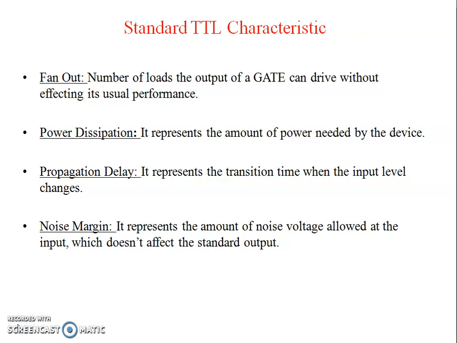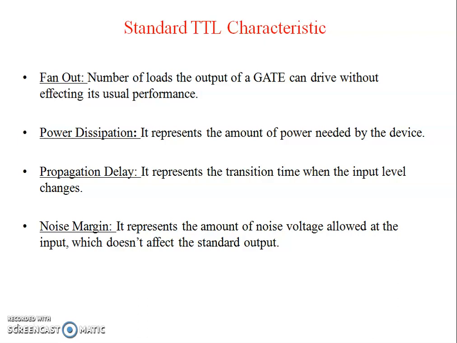Now, in our previous lecture, we discussed the characteristics of digital integrated circuits, and the TTL family was widely used. The important characteristics and parameters are fan out, power dissipation, propagation delay and noise margin. First one is fan out.